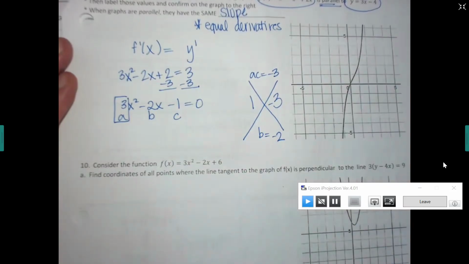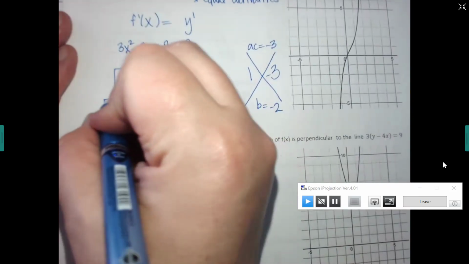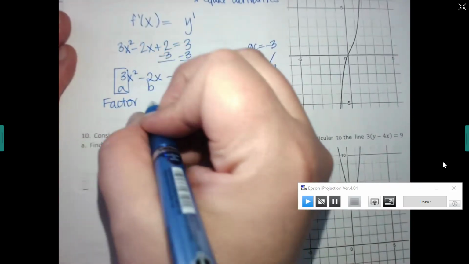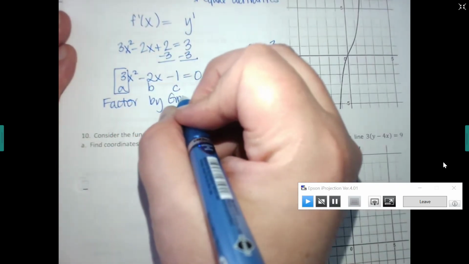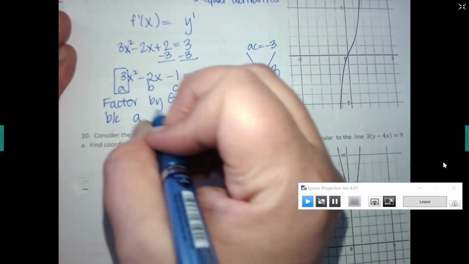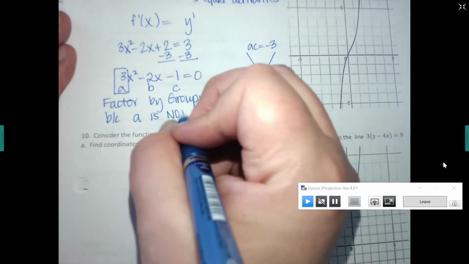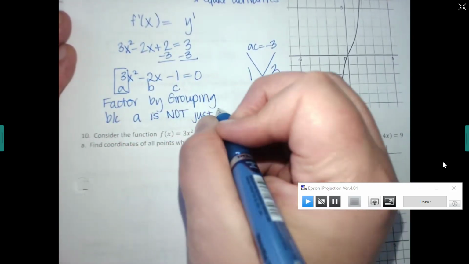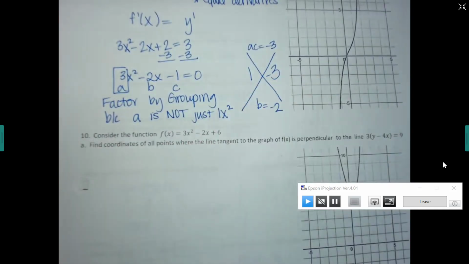Then you're going to have to do grouping. So let me remind you how to do that. Okay, so I'm going to put here factor by grouping because your A is not just a 1. Okay, if it was a 1x squared, we could shortcut that all day, just like we've done pretty much all year. But if it's something other than that, you're going to have to do grouping.